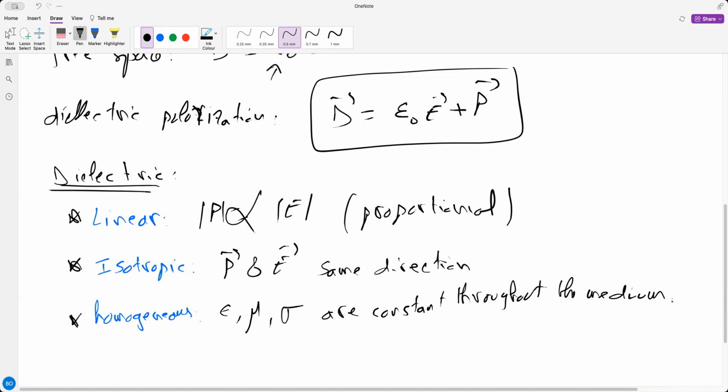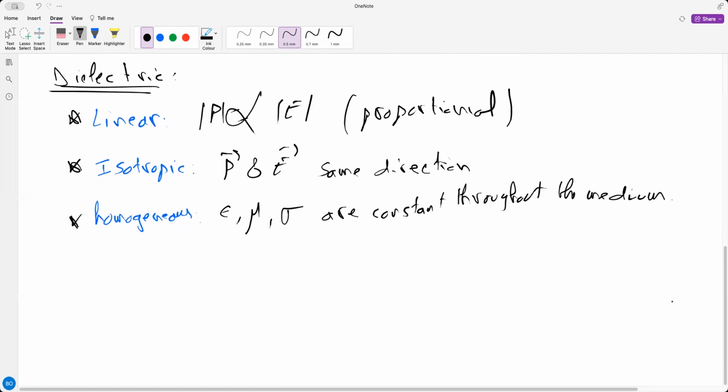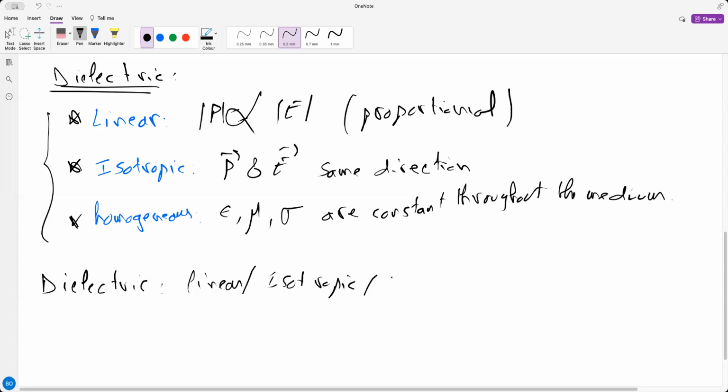Okay, so those are three definitions of common types of dielectrics. In this course, we'll consider a dielectric that has three properties. We'll limit ourselves to dielectrics that are linear, isotropic, and homogeneous.